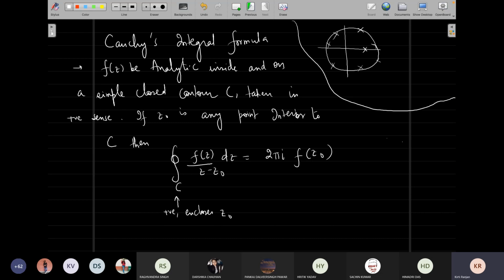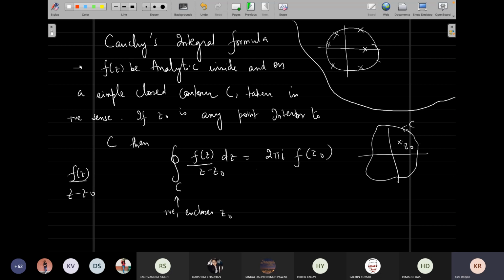So let's see what we are talking about again. f(z) is analytic everywhere, including z naught. But the whole function, f(z) over z minus z naught, of course has a singularity at z naught. Can I get the result of this?